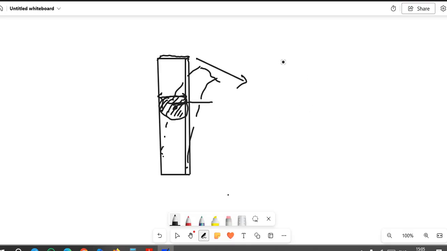But if you bend it like this, that means I am making a perpendicular section of this same section, with this on the thickness side.